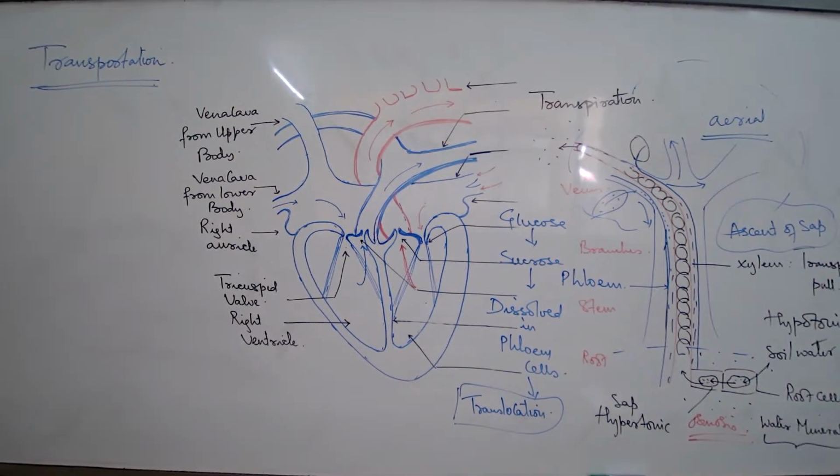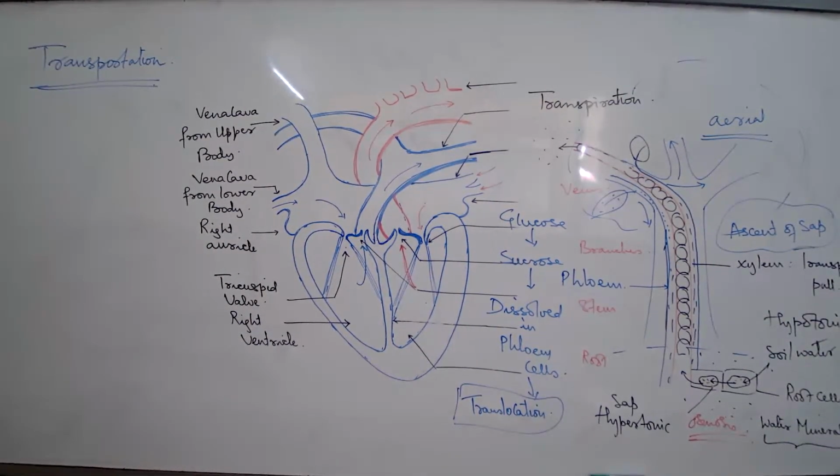Phloem is a tubular arrangement of tissue connecting the leaves to all parts of the plant.